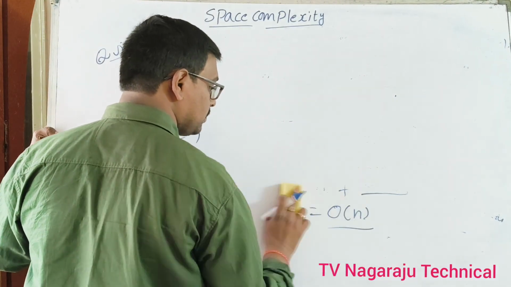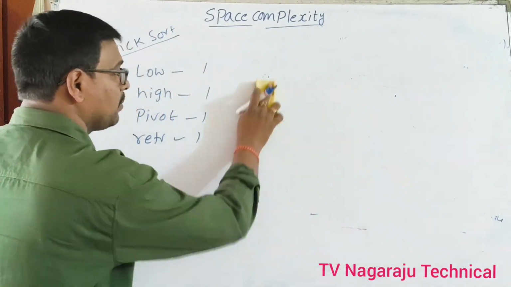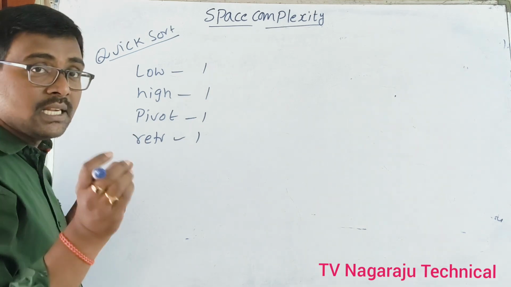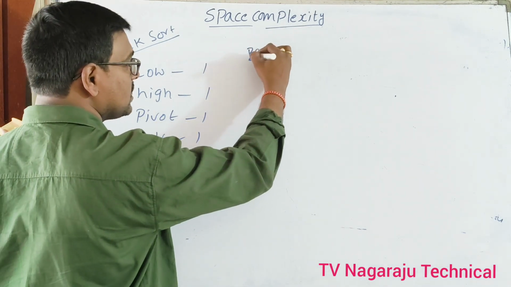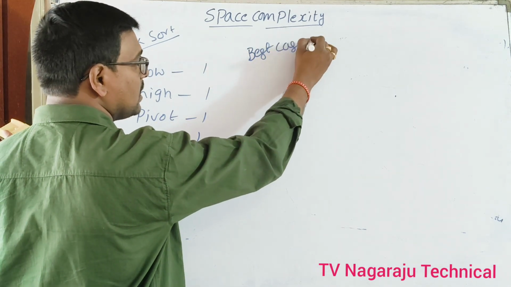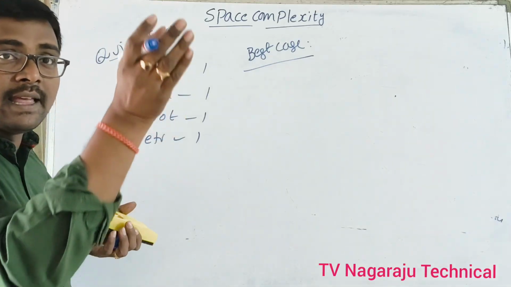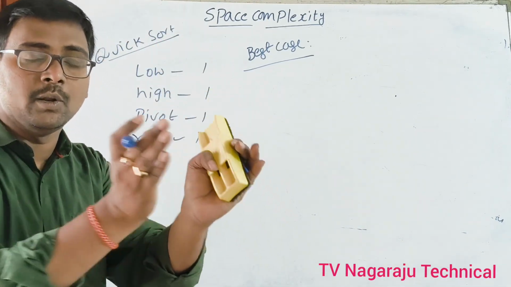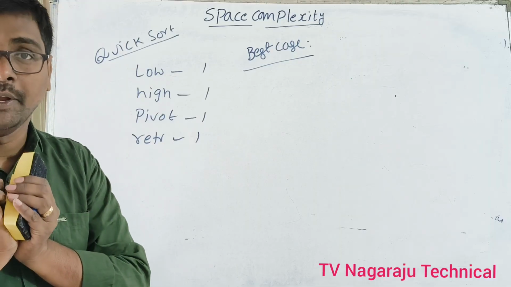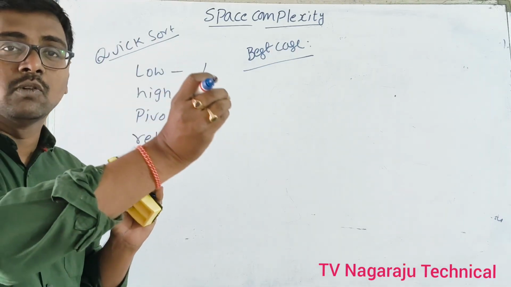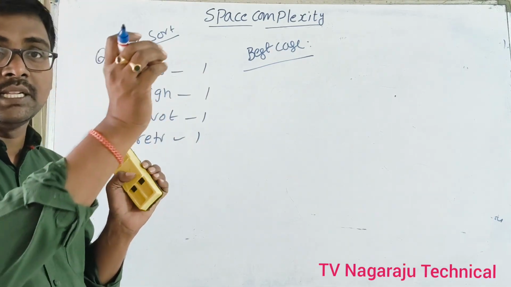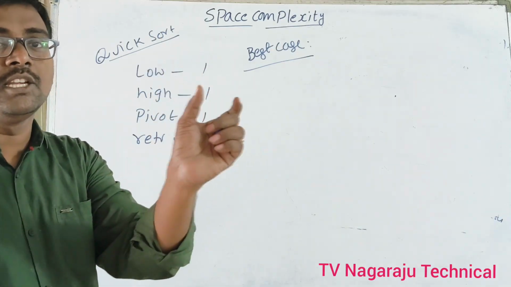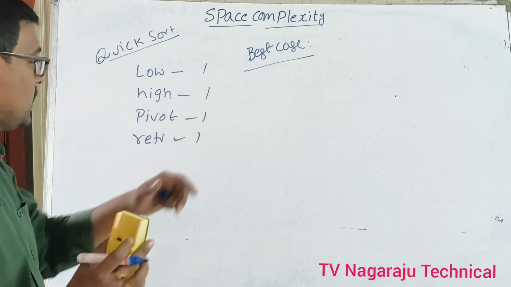Okay. Now, what is the depth of recursion? In quicksort, we have two cases. In the best case, the list is divided into two halves. One half is n by 2, another half is n by 2. We already discussed the quicksort algorithm time complexities, and how the list is divided into two halves in the best case.